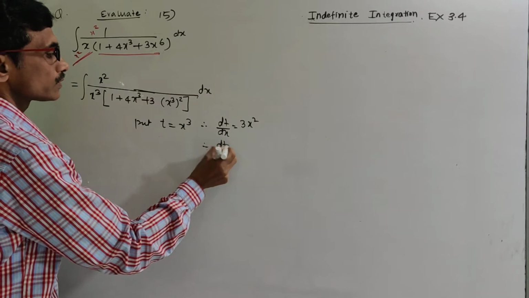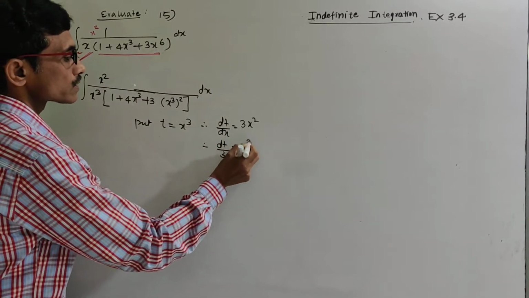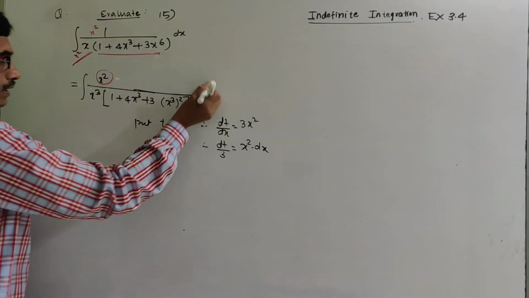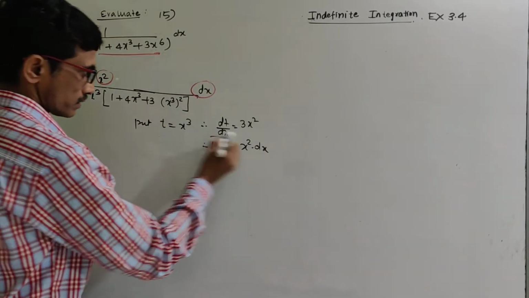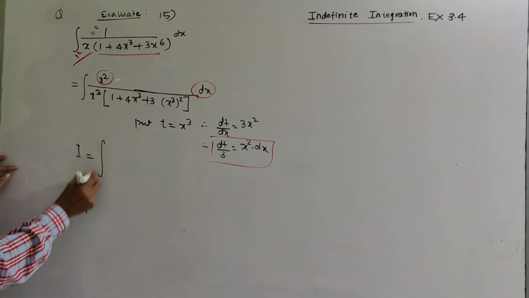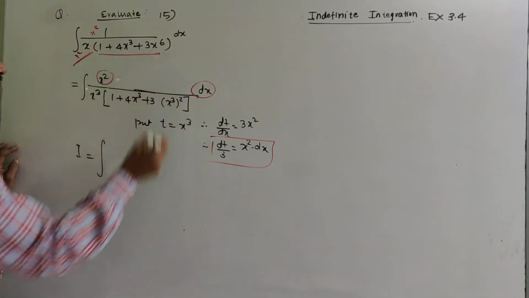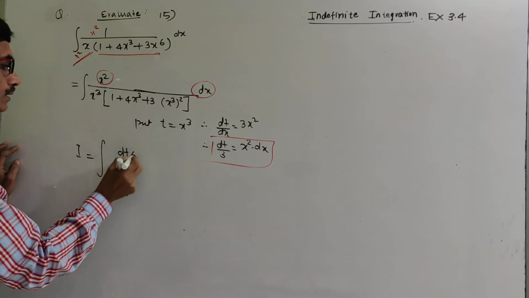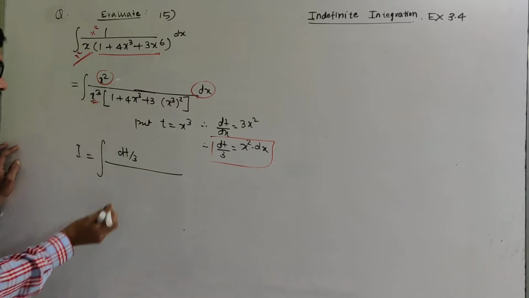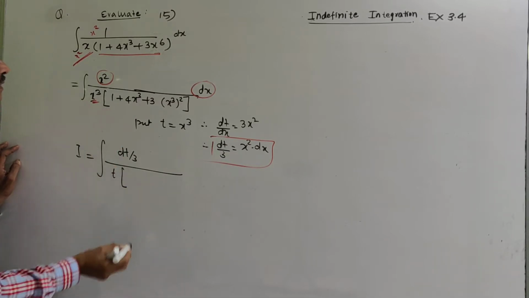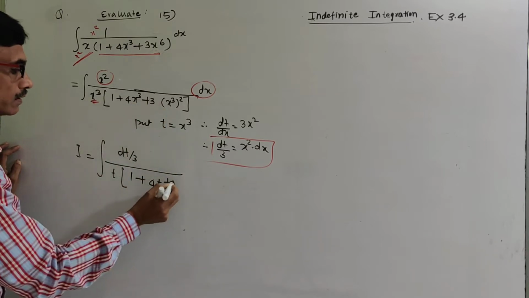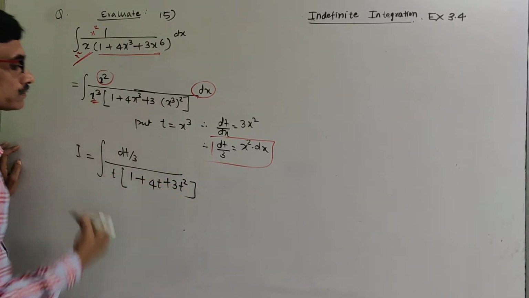So dt upon 3 is equal to x square into dx. So integral will be x square dx is dt by 3, and the denominator is here x cube is t, 1 plus 4t and plus 3t square.